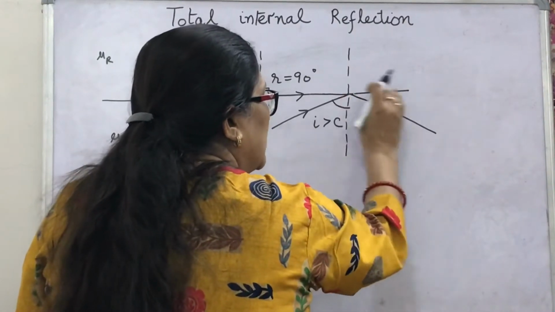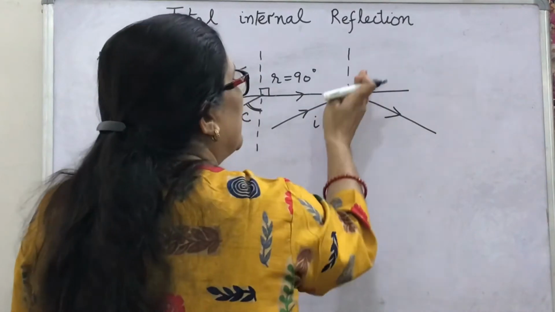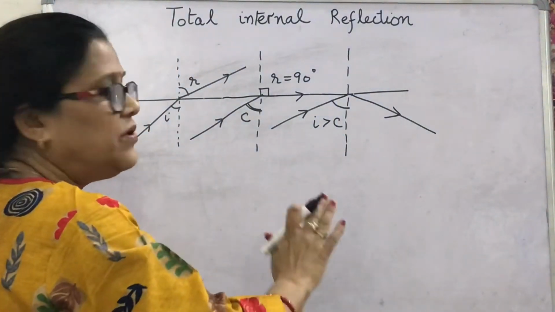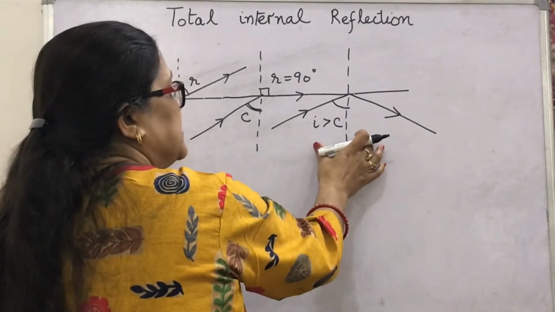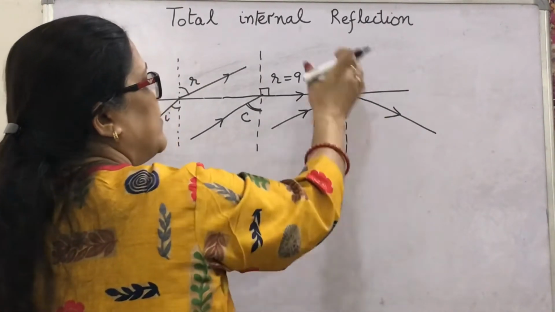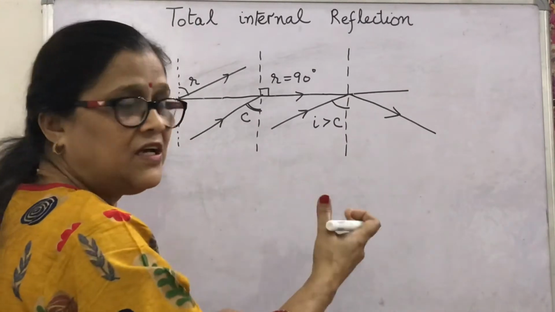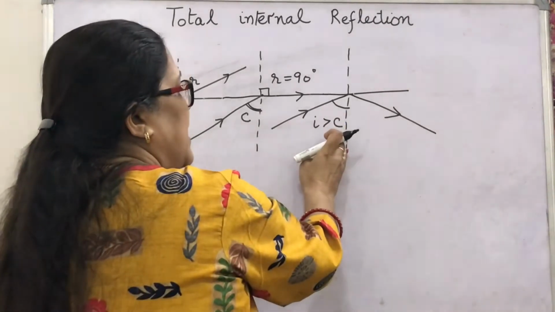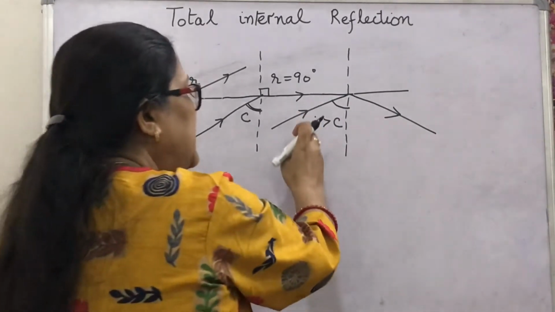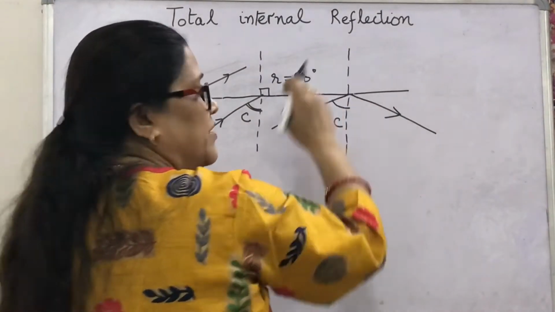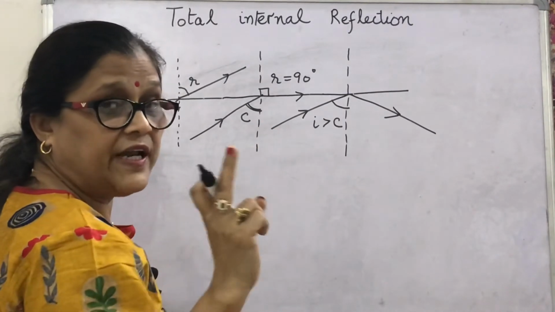there is no polished surface. It can go from one medium to another medium. There is no hindrance. Despite that, the refractive indices of the denser medium and rarer medium, the pair of media, are such that if the critical angle is less than the angle of incidence and the light ray is going from denser to rarer medium, reflection takes place.